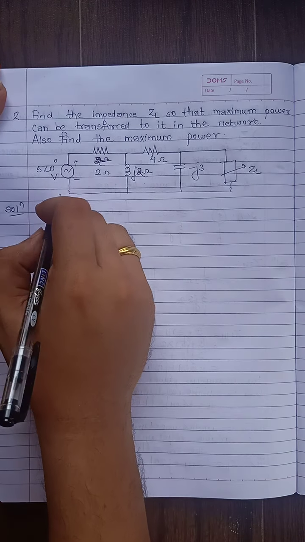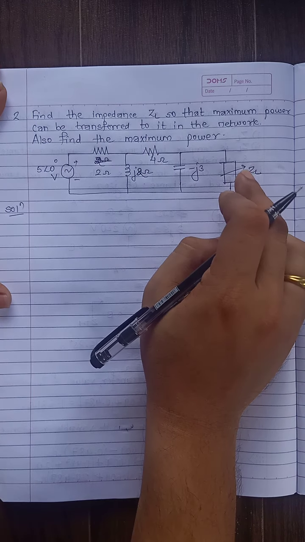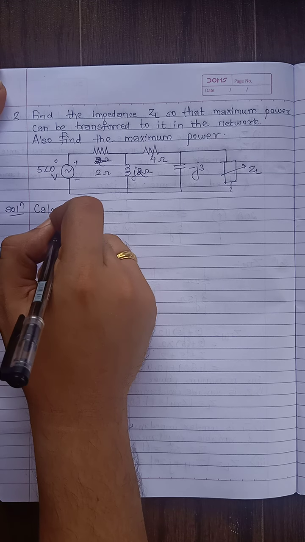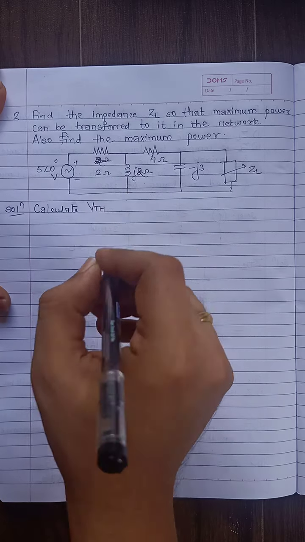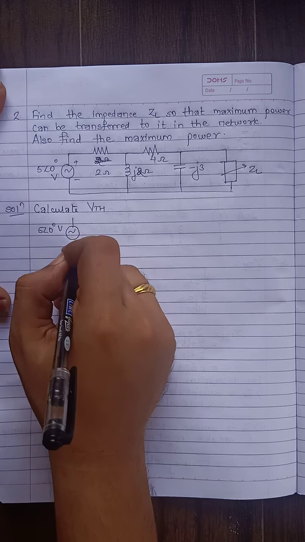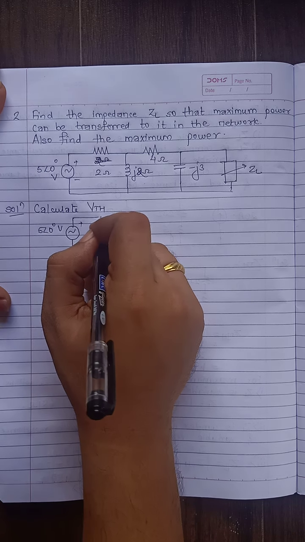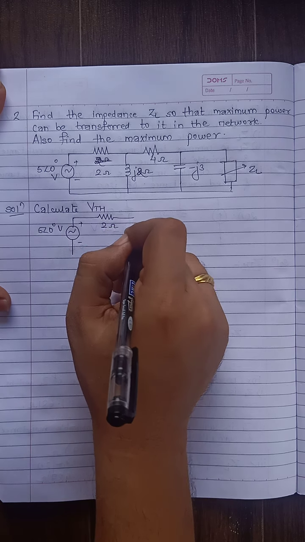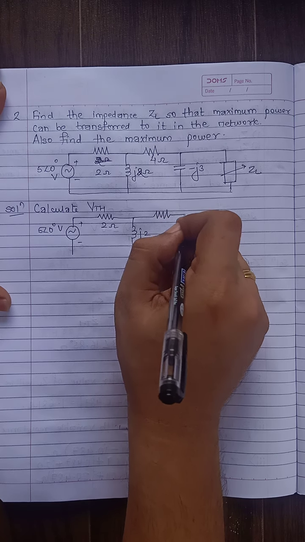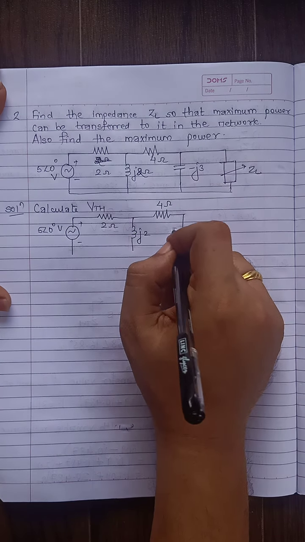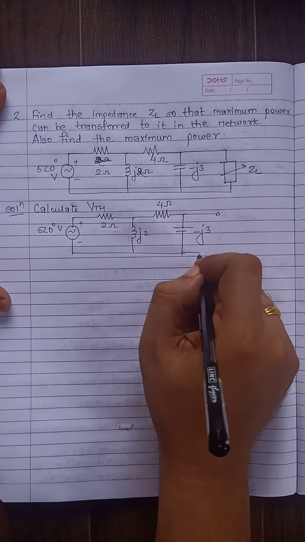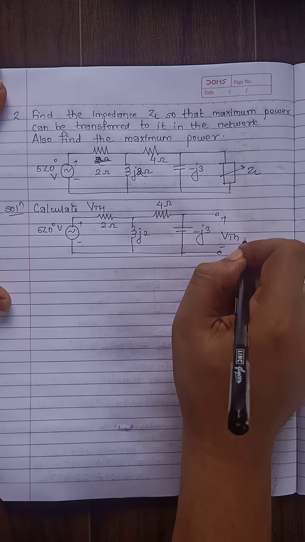So first we need to find VTH and ZTH. We'll calculate VTH, that is, open circuiting the load. So drawing the diagram again, and here you have plus minus VTH.